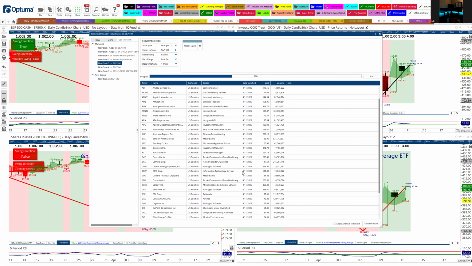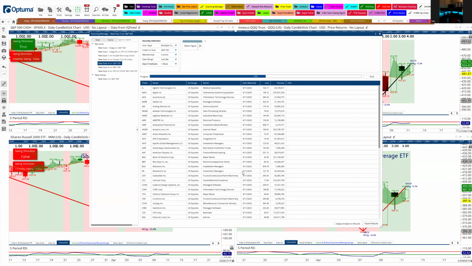The S&P 500 got hit. See if we can pick some bottoms. Oh, not bad. 111 stocks.